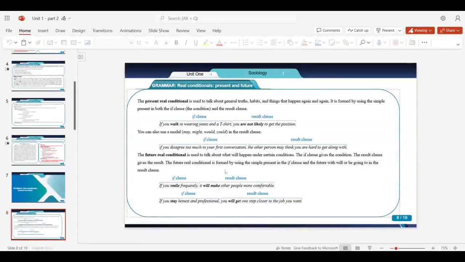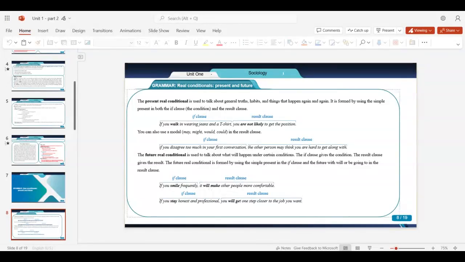So this is the difference between present real and future real conditional. Both are real, but in the future real conditional, in the if clause we use simple present tense, and in the result clause we use will, which always shows future actions.